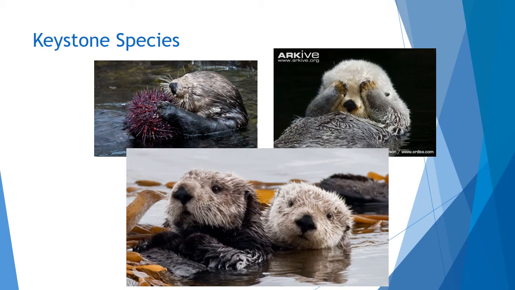Sea urchins eat kelp. I don't know if you are familiar with big kelp beds off the California coast, but if you look here, you can actually see how thick this kelp is in reference to the sea otter. And so there are really large kelp beds. You actually have to be very careful when diving in kelp beds because you can get wrapped up in the kelp.